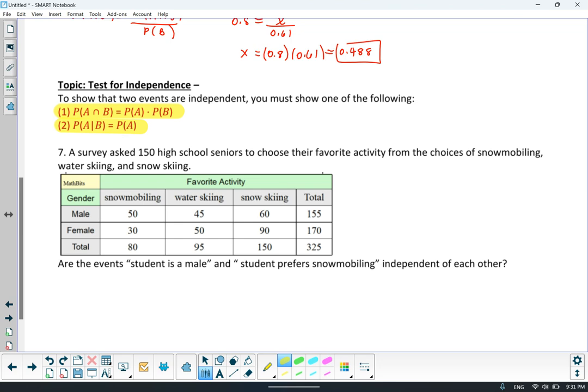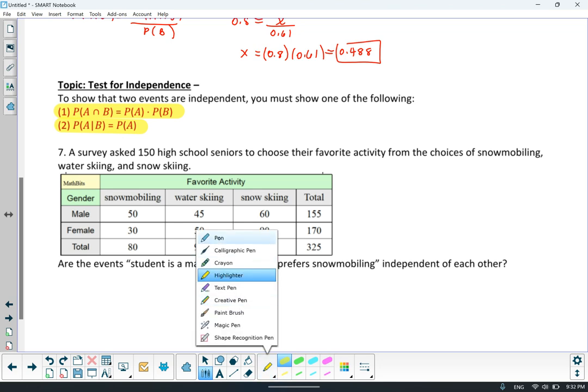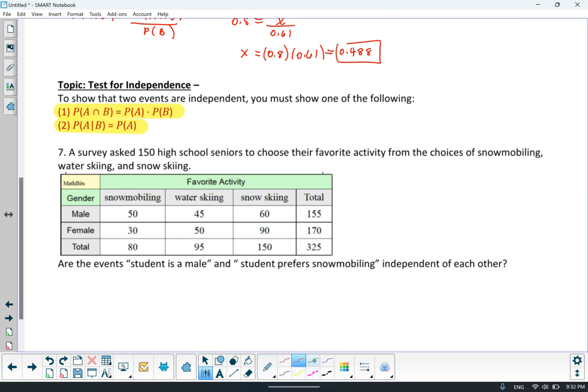And again, first thing you want to do is get your row totals and column totals. So this is 160. And this is 190. This is 300.